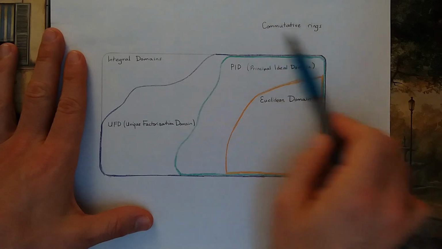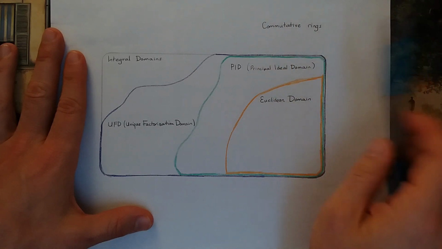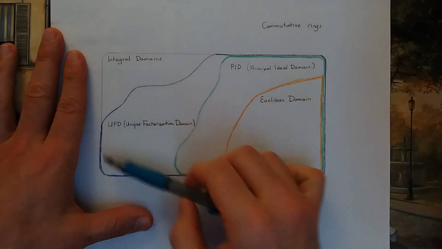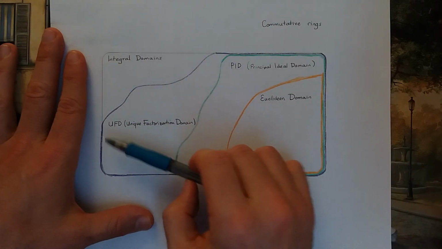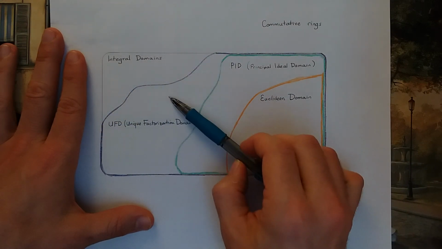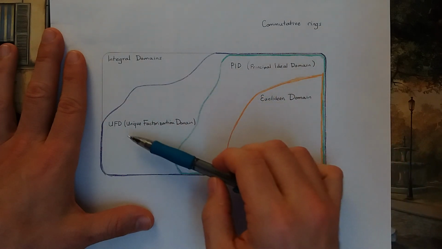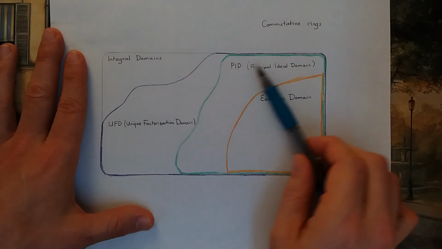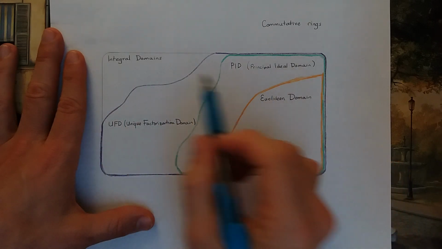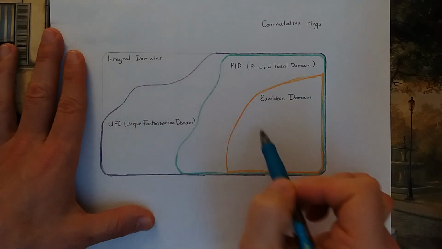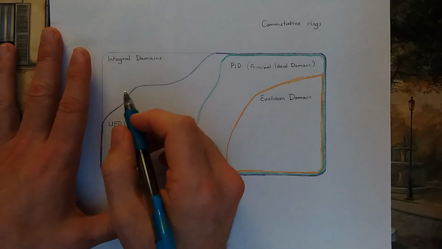So here we have commutative rings. Our rings have unity 1, and as a subset, integral domains. UFDs are a subset of integral domains, PIDs are a subset of UFDs, and Euclidean domains are a subset of PIDs. So allow me to fill in elements in each one of these categories.